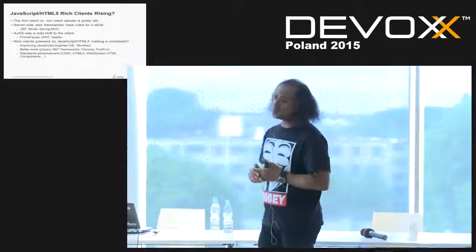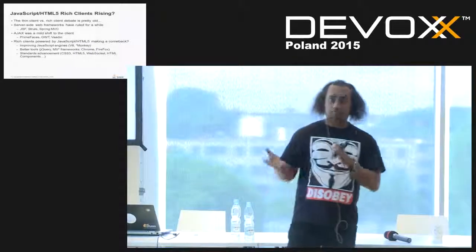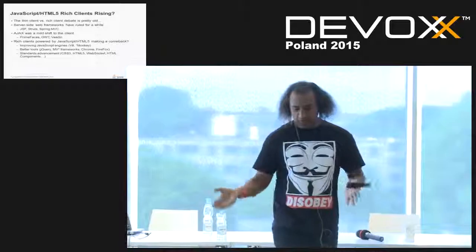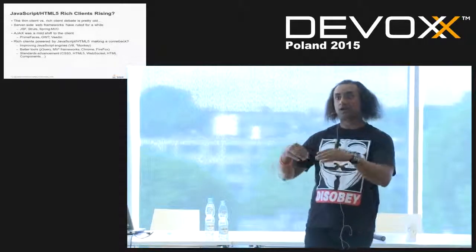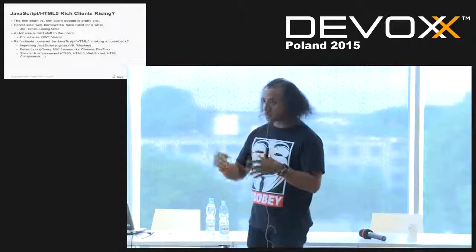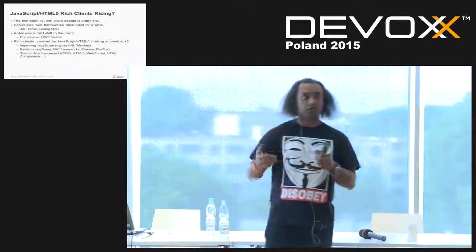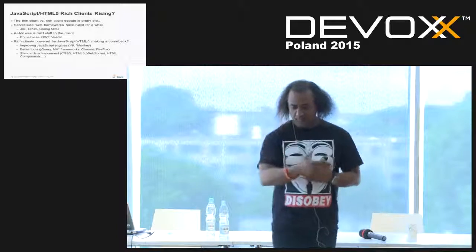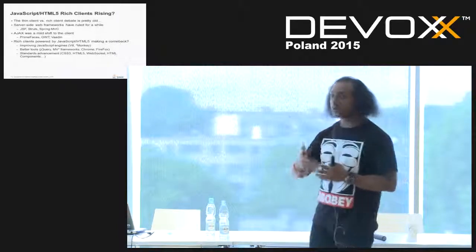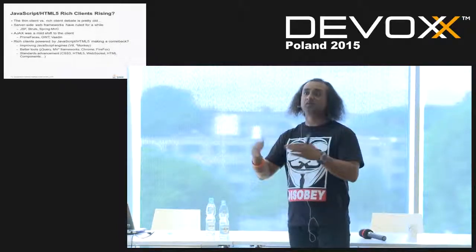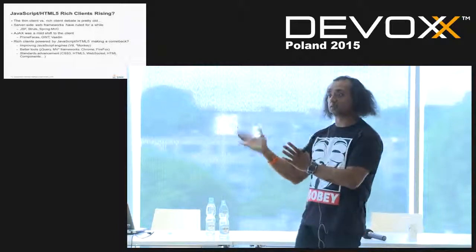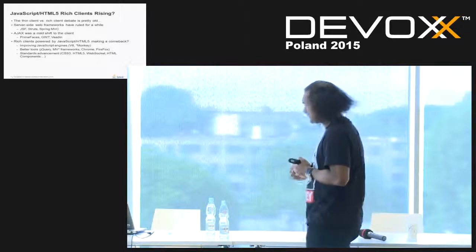Same thing with GWT. Again, the only difference here is that you're at an even higher abstraction level. You're not dealing with any kind of browser code whatsoever. You're writing Java code that gets translated into JavaScript at runtime, and that JavaScript happens to include some Ajax stuff. Again, you're largely unaware of that.